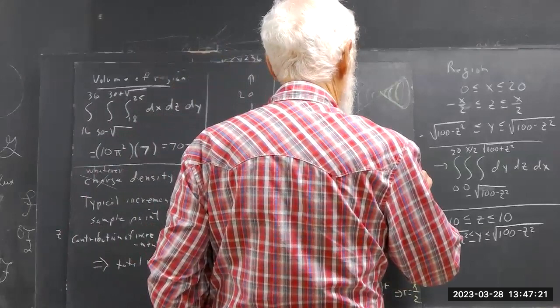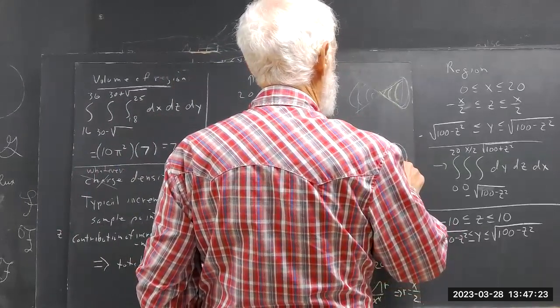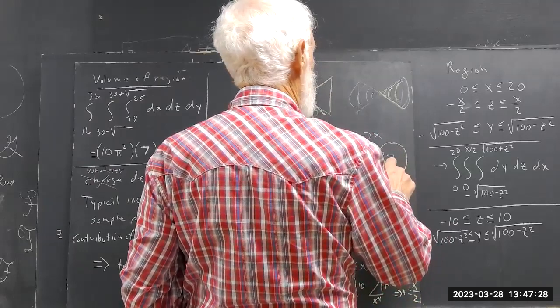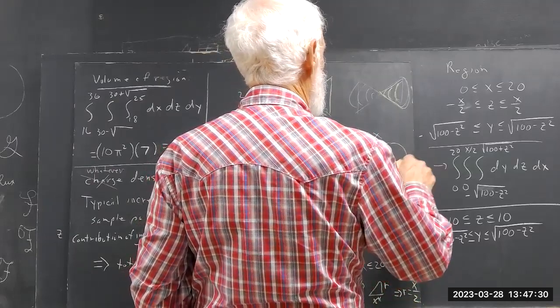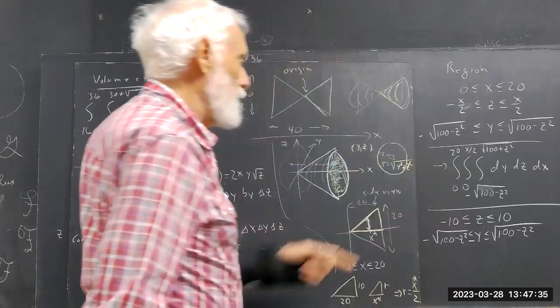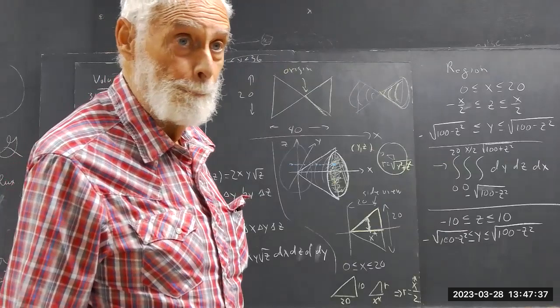And here's the center of the disk. Well, it's like I've got an r equal to the square root of y squared plus z squared. Okay.